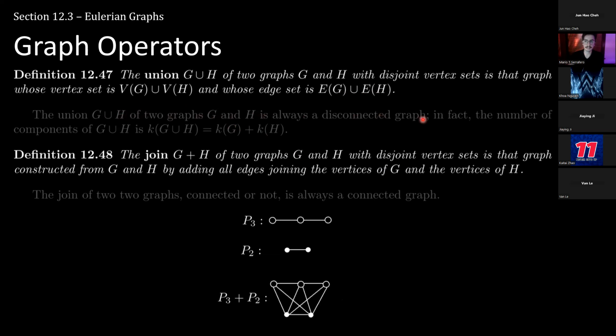The interesting part here is that the union of the two graphs G and H is always disconnected, and the number of components is the sum of the components.